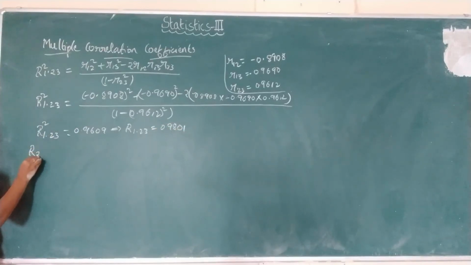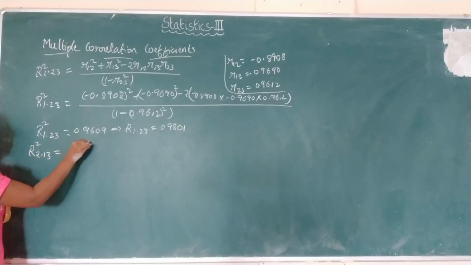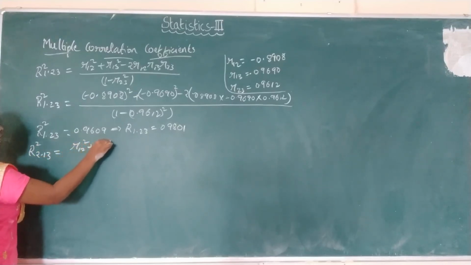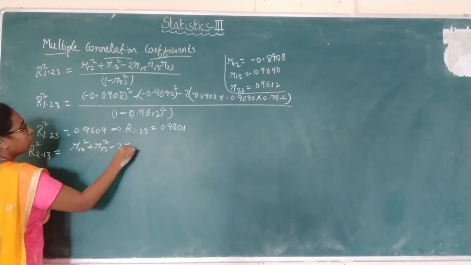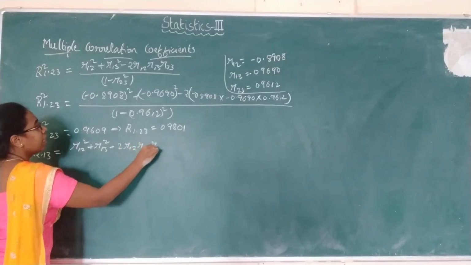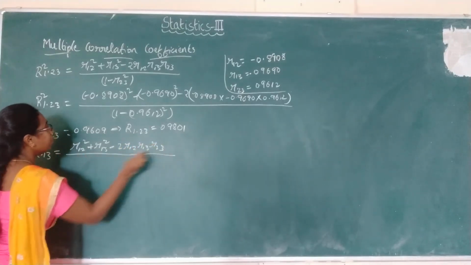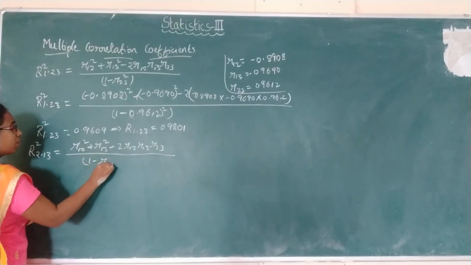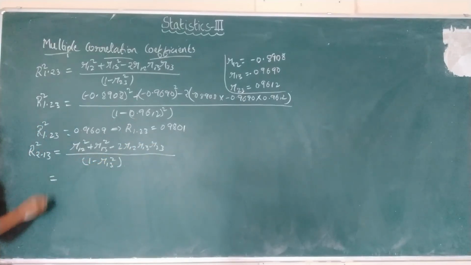Next, R square 2.13 equals R12 square plus R23 square minus 2R12, R13 and R23 divided by 1 minus R13 square. Substitute the values.